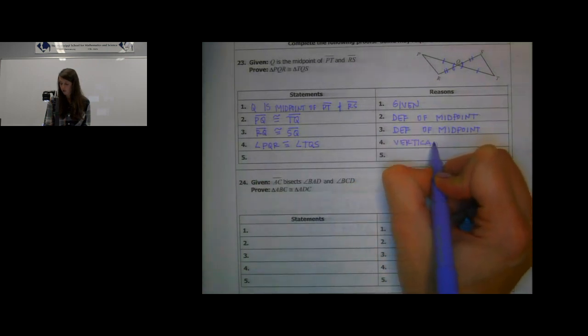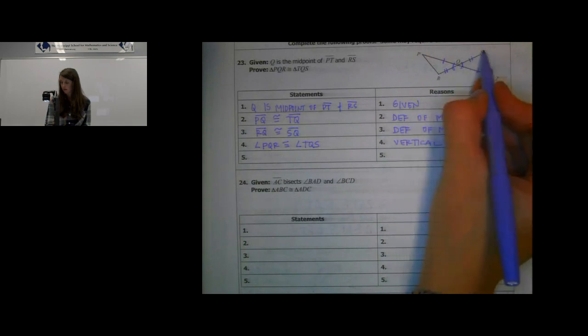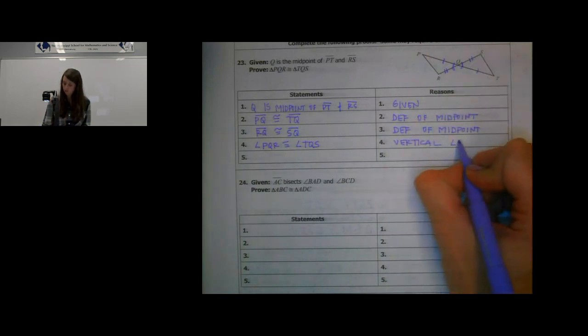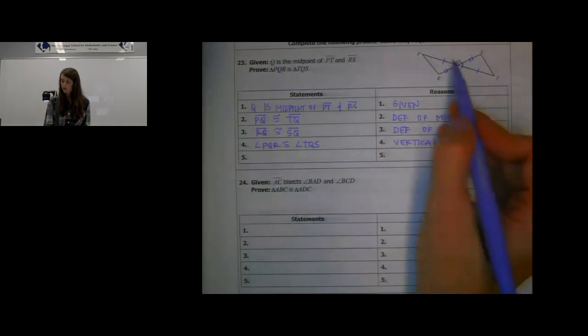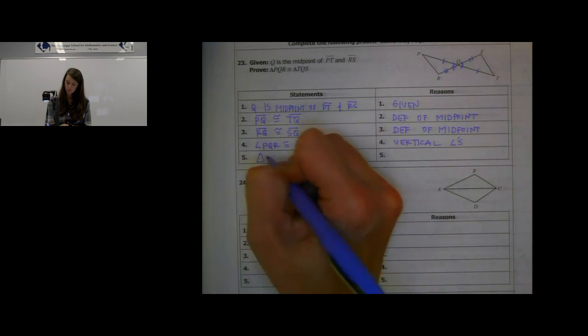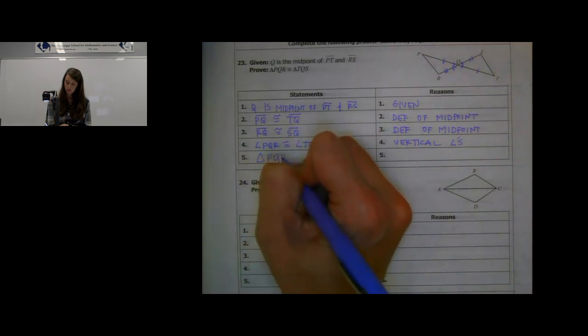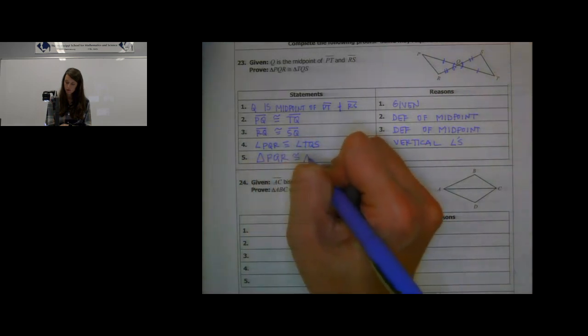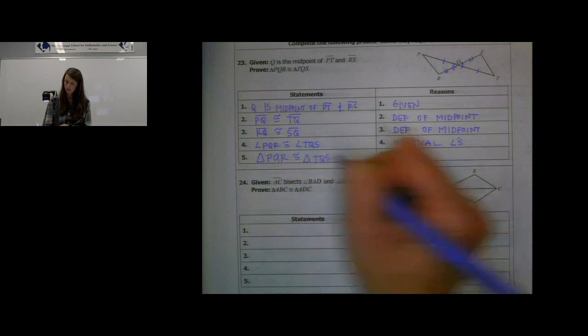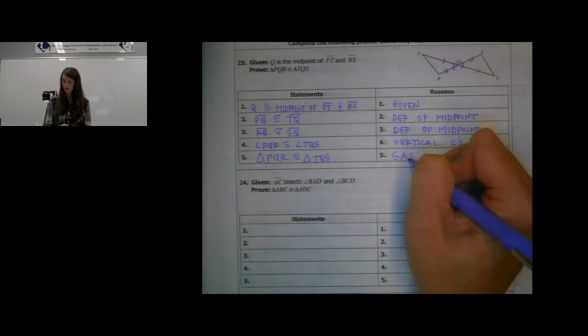Remember, you have to go from the same sides that are going to be congruent there. Okay, so now this is side, angle, side. Side, angle, side there. So that is a way that we can prove congruency. So now the triangle PQR is going to be congruent to the triangle TQS by side angle side.